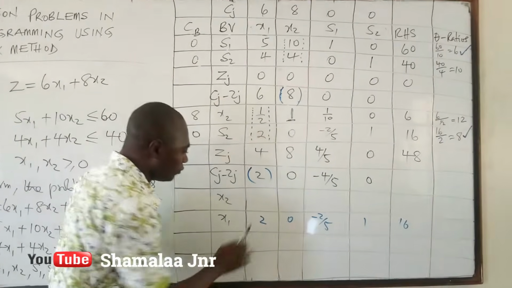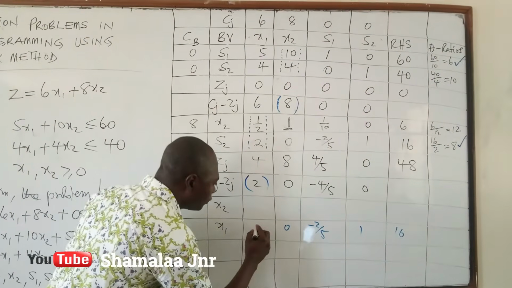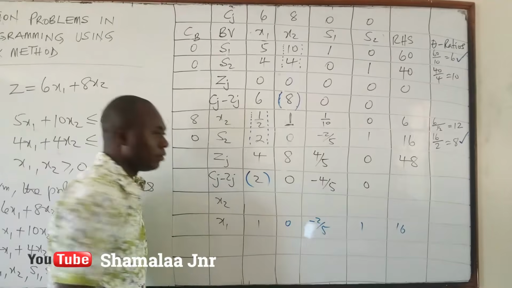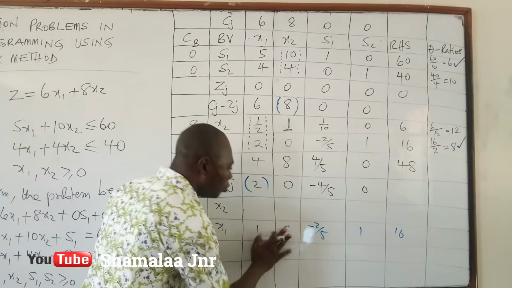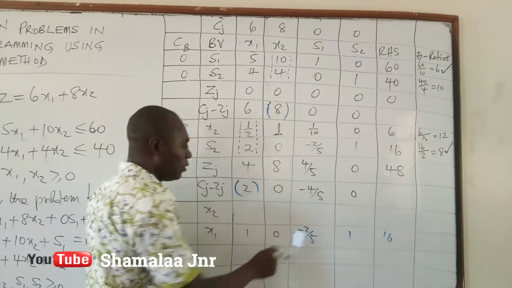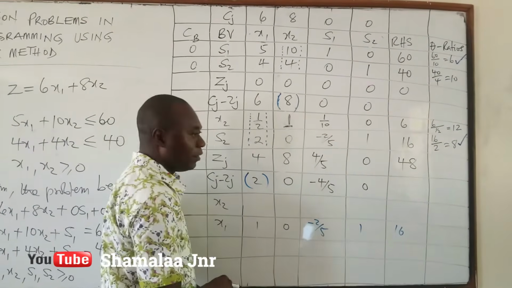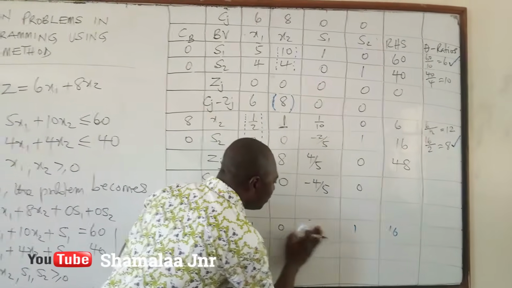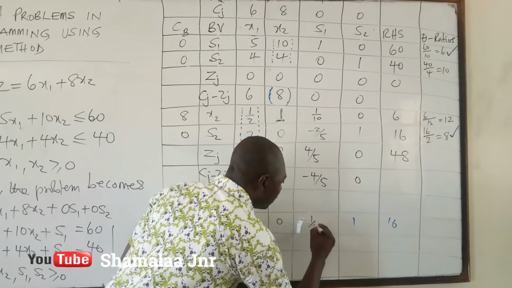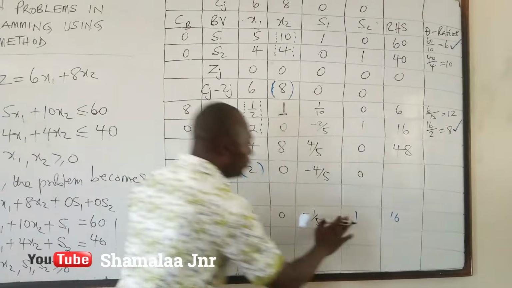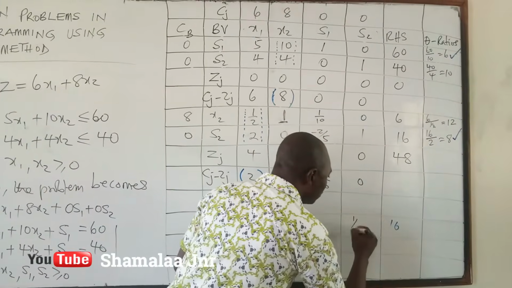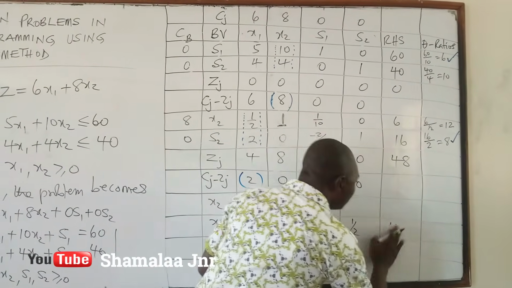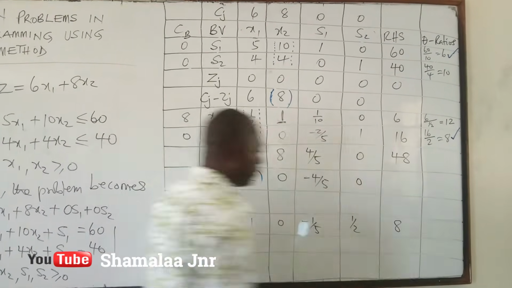So 2 divided by 2 will be 1. 0 divided by 2 will be 0. Negative 2 over 5 divided by 2 will be negative 1 over 5. 1 divided by 2 will be 1 over 2. 16 divided by 2 will give us 8.